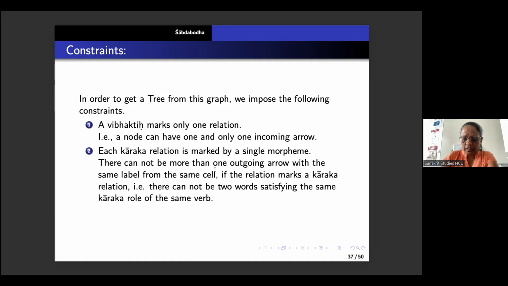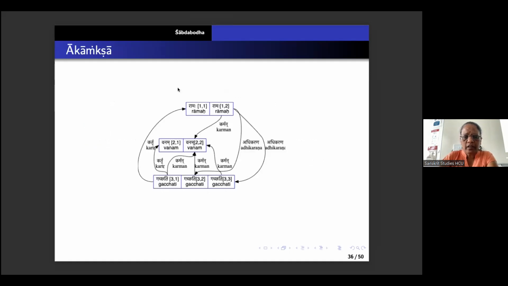If I mark these as incoming and outgoing arrows, this incoming arrow says that this particular analysis is the karta or the agent for this particular word which denotes an activity of going. So there is this arrow which is incoming here, which says that this word is the agent for this activity.